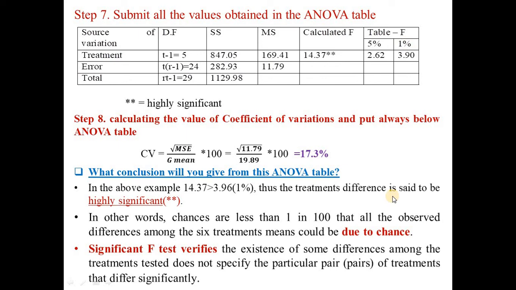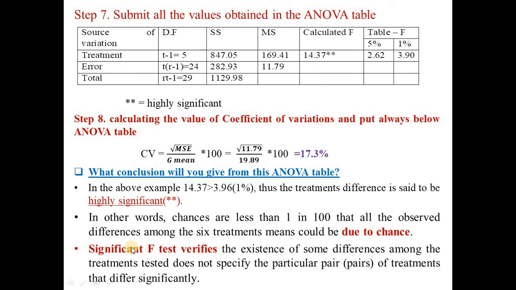Thus, the treatment difference is termed highly significant, and we put 2 asterisks on the F calculated in the ANOVA table. In other words, chances are less than 1 in 100 that all the observed differences among the 6 treatment means could be due to chance. But 99%, we are sure that the difference is real.